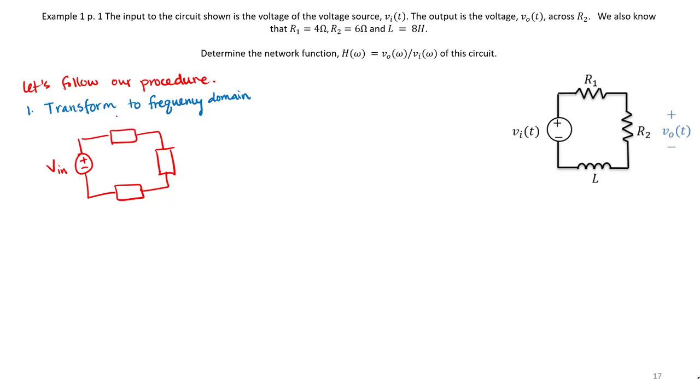Resistor R1 is just a 4 ohm impedance. Resistor R2 is a 6 ohm impedance. And our inductor impedance is J omega L. And notice here we don't know our omega.